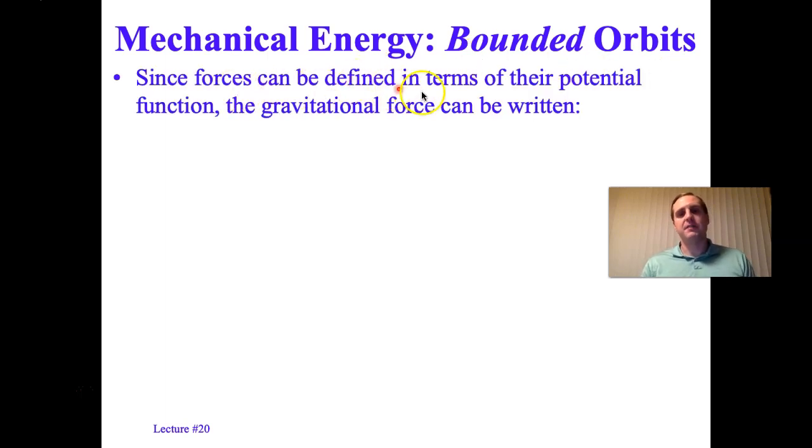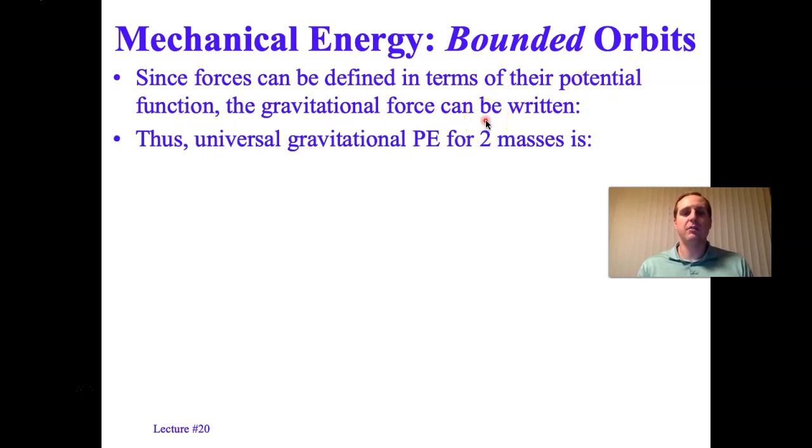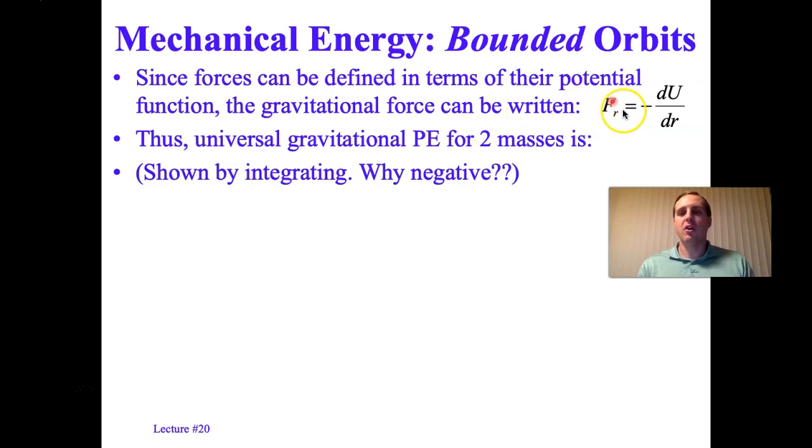Since forces can be defined in terms of their potential function, the gravitational force can be written in the following way. F_r is equal to minus dU/dr. Now let's think about where that comes from.